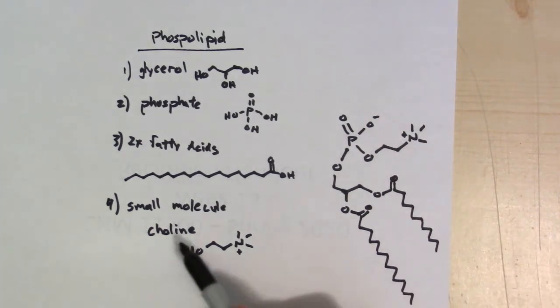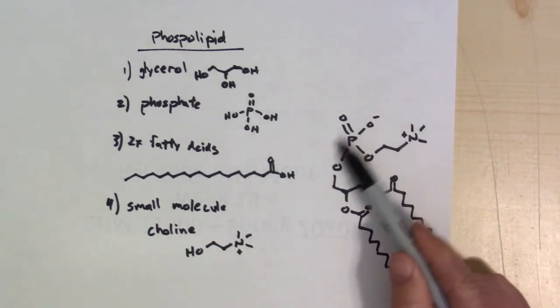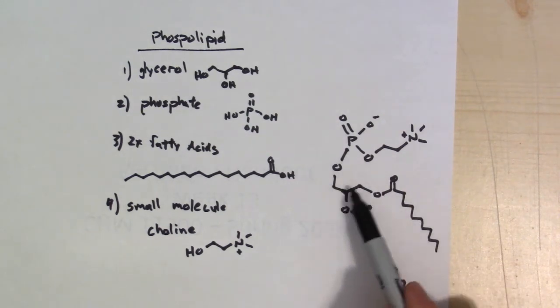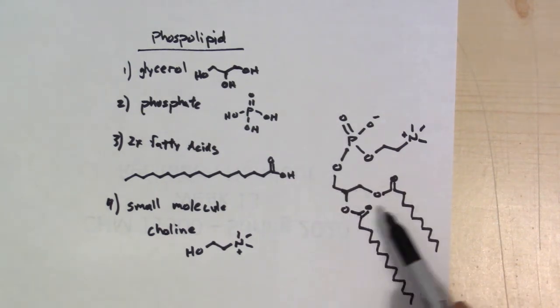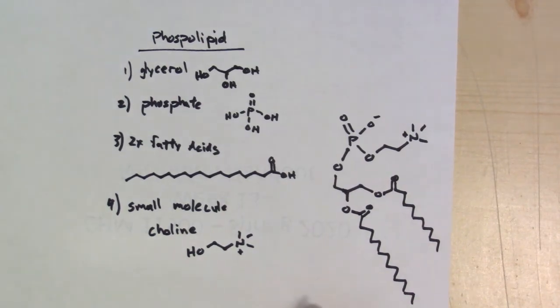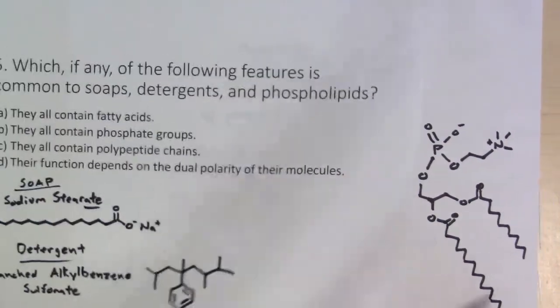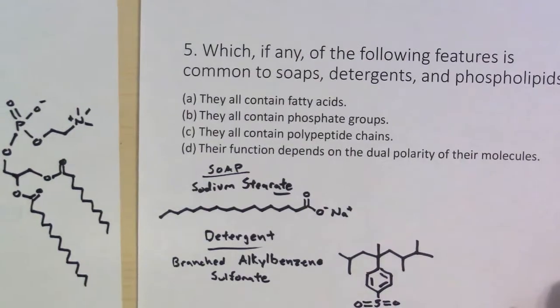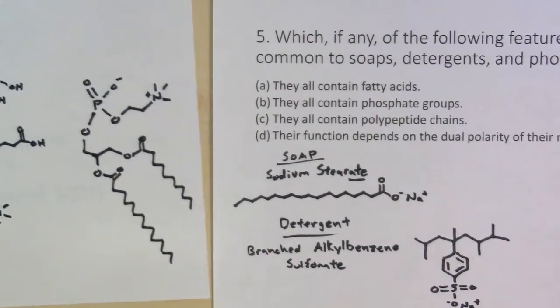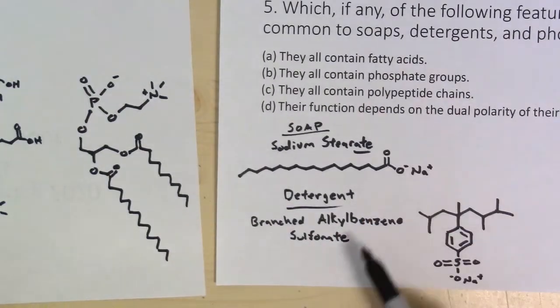Here it's choline. The phosphate is also connected to glycerol, and then through the glycerol we have connected fatty acids. So looking at each of these, we have our soap, our detergent, and our phospholipid over here.